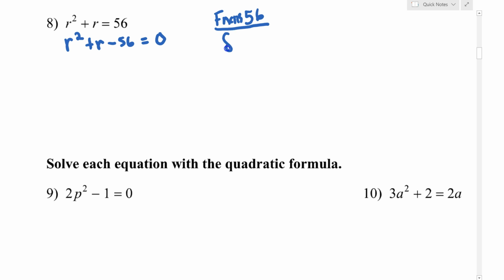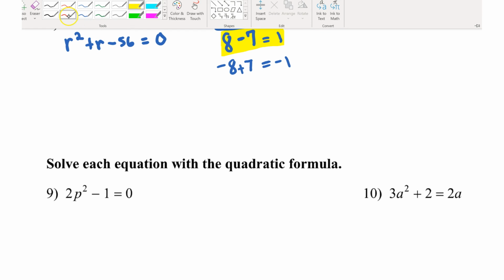Remember, it has to be negative. So let's say negative 8 times 7. So we're going to subtract: 8 minus 7 gives you 1. Negative 8 plus 7 gives you negative 1. So the factors are 8 and negative 7 because that gives you the middle coefficient.